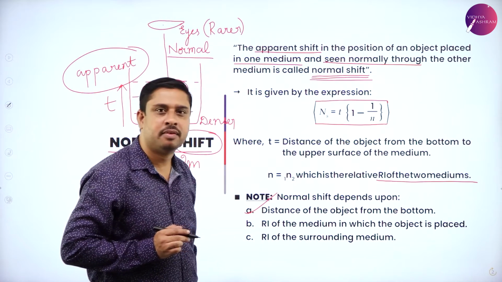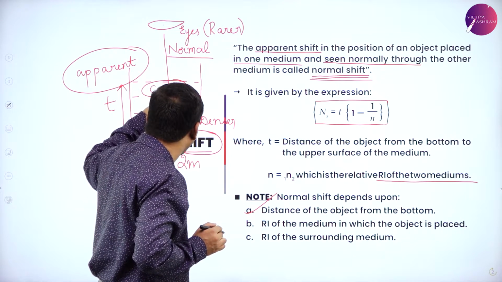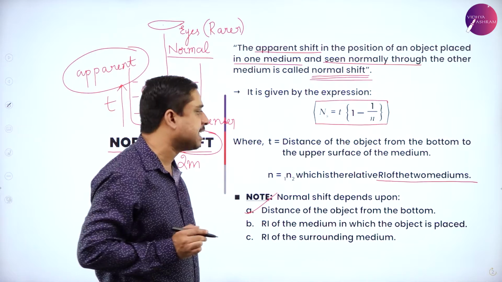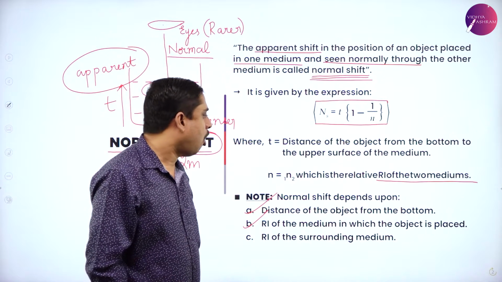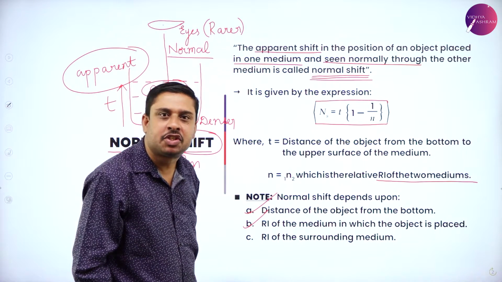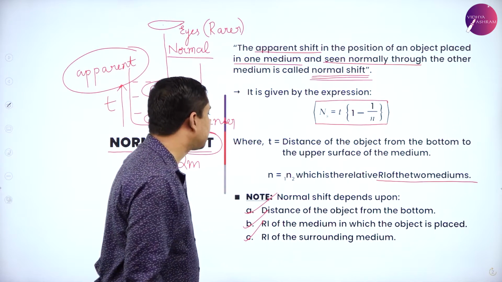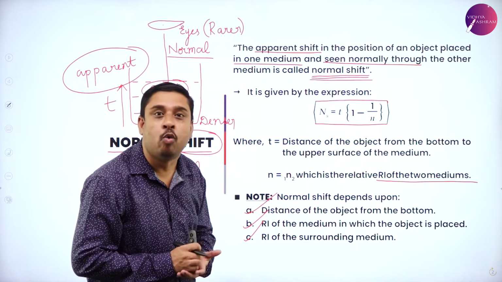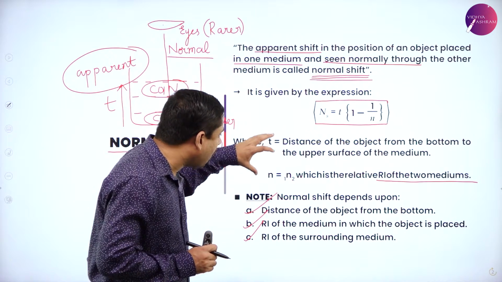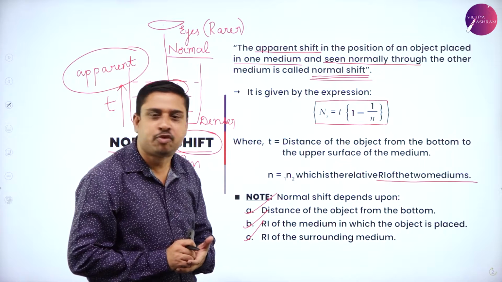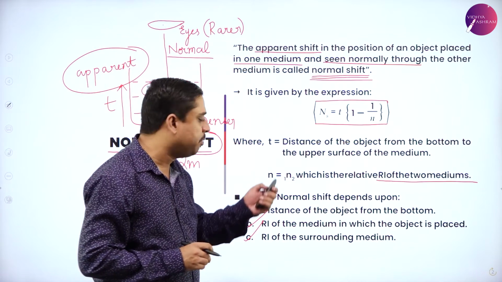It depends upon the shift T, the distance of the object from the bottom to the surface, the refractive index of the medium in which the object is placed, and the refractive index of the surrounding medium.